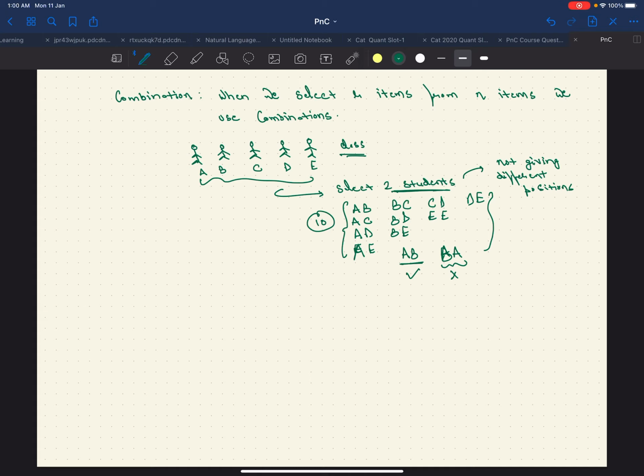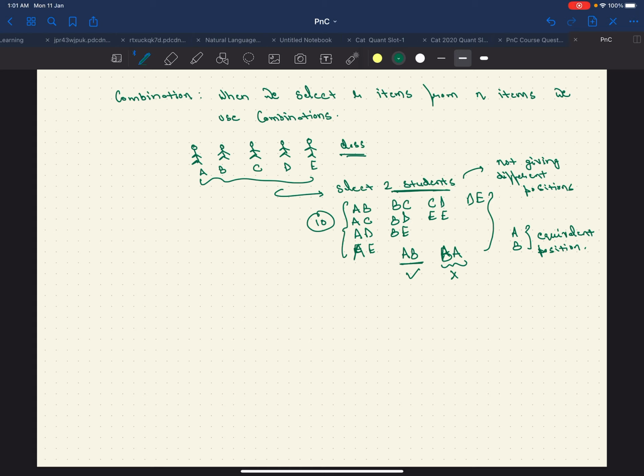If we have selected A and B, then both of these students will have equivalent positions. There is no differentiation between the two positions of the two people selected. Therefore, the total number of ways we can select two students out of five students here is 10.